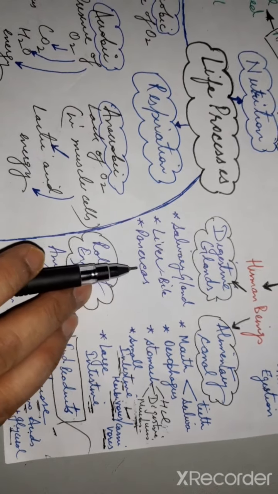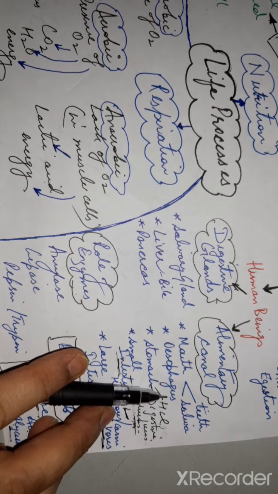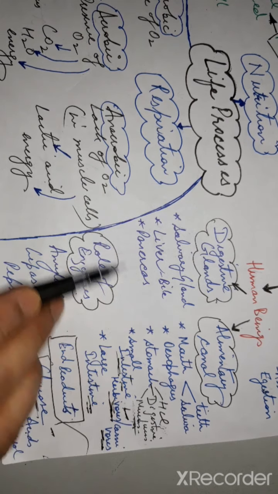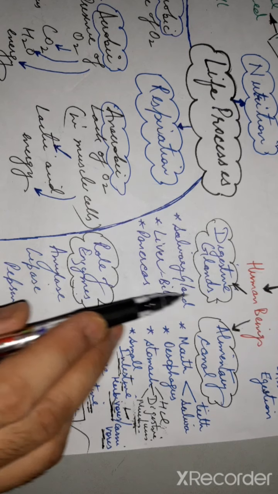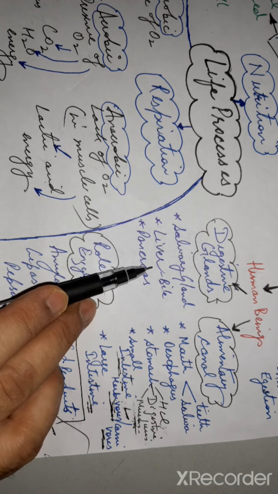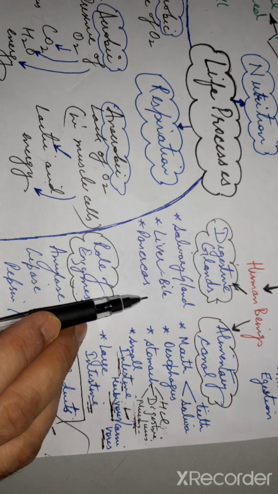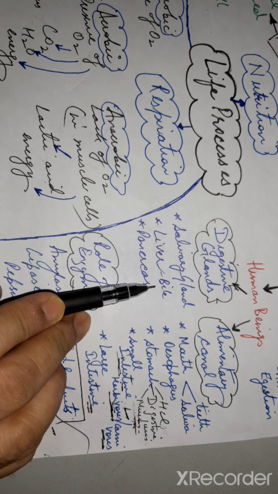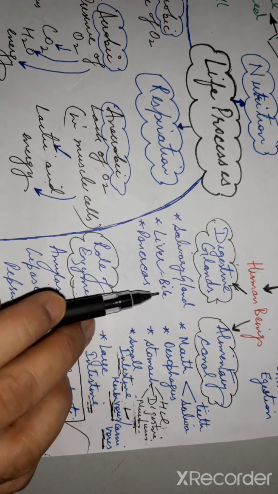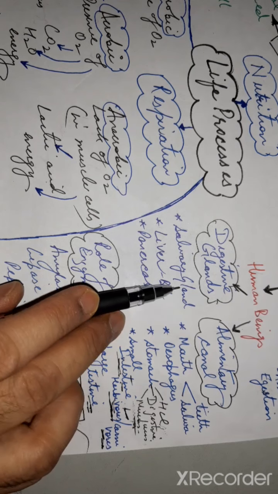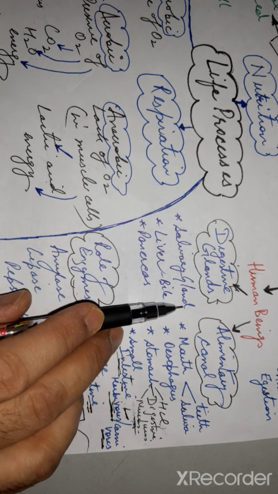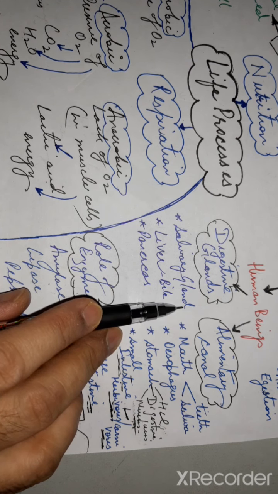Now coming to the glands, they are not included in the alimentary canal because food doesn't pass through these glands, although they play an important role by releasing their secretions into the alimentary canal. So salivary gland releases saliva in mouth.